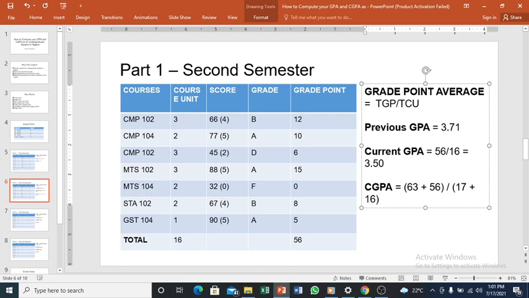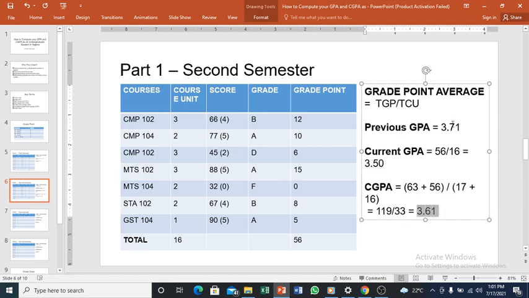That is 63 plus 56, which is 119, divided by 17 plus 16, which is 33. So the cumulative GPA of that student is 119 divided by 33, which means the student has a 3.61. So his previous GPA was 3.71, his current GPA is 3.5, and his cumulative GPA is 3.61.